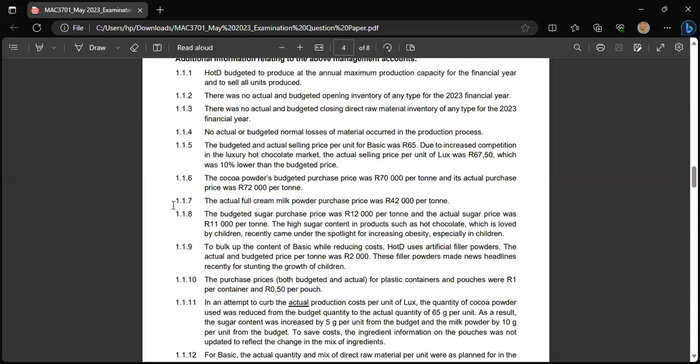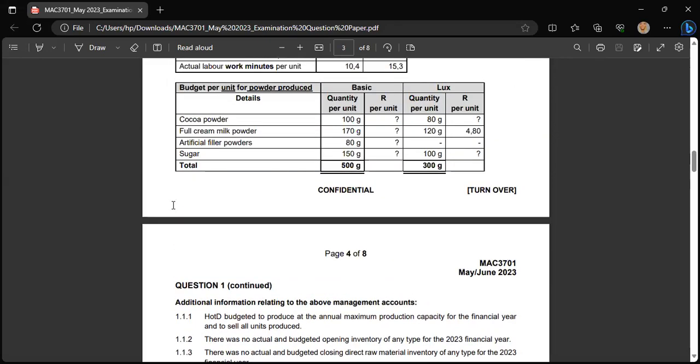Let's just see if there's anything said here about full cream milk. Okay, so we have it for that one there, we are given 480. So that one is not going to be an issue there. But we'll in any case do some calculations there for the other one.